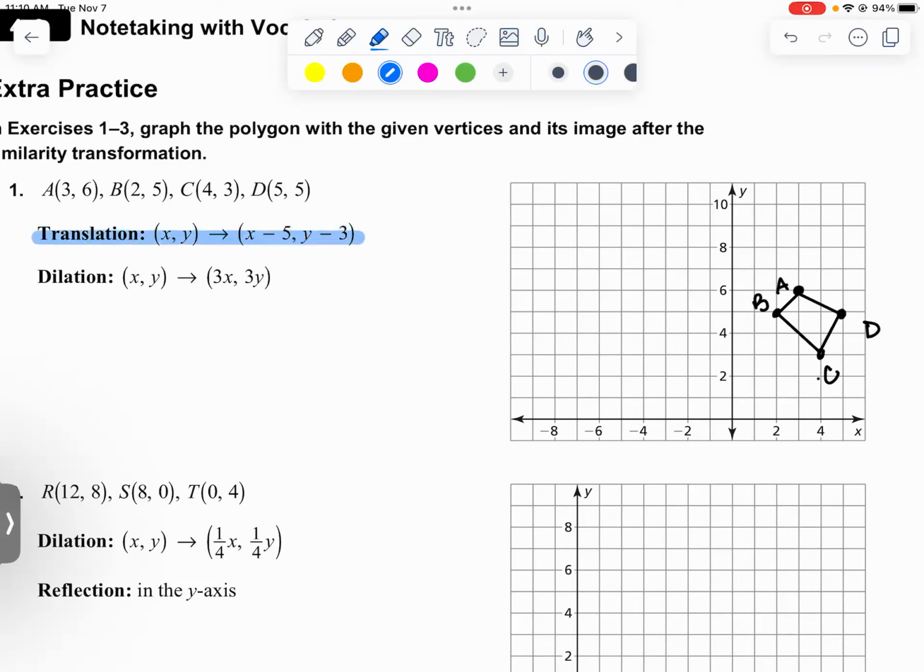Okay, so the first thing we're gonna do is our translation. Which way are we gonna move these coordinates? To the left, how many? So we're gonna do left 5 and down 3.